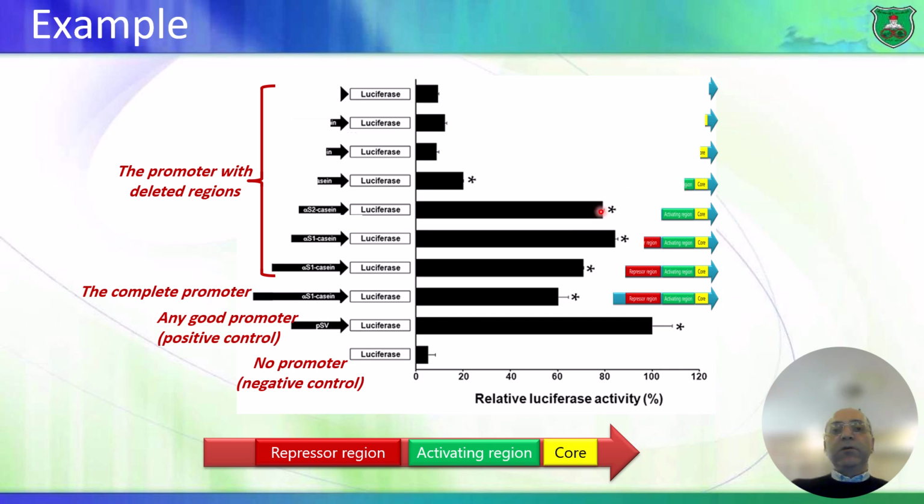There is reduction in the amount of light that is produced. There is complete reduction in expression of the luciferase gene by removing the activating region. So I know that this region contains an activating region because when we remove it, there is no expression of the luciferase gene. What would happen if I remove the core promoter?